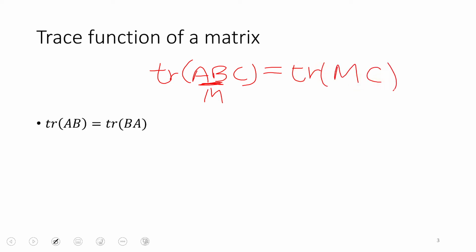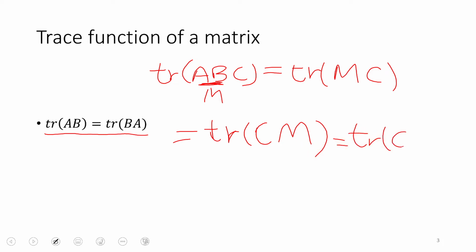Based on trace AB equal to trace BA, the trace of MC is equal to the trace of CM, and if you put M back, it's the trace of CAB.